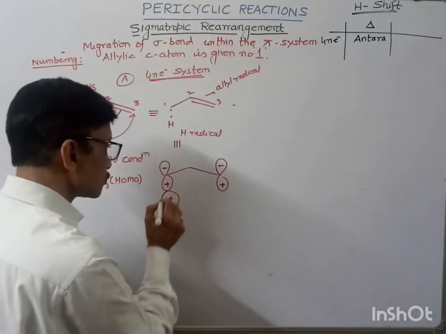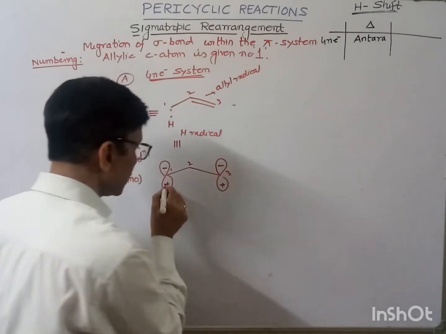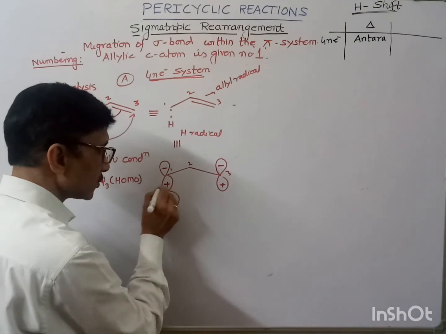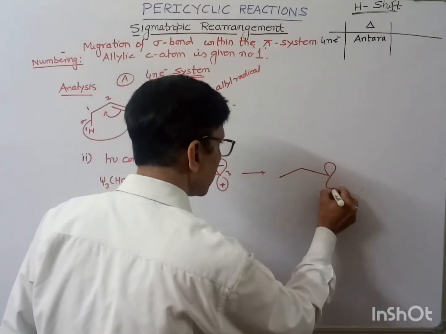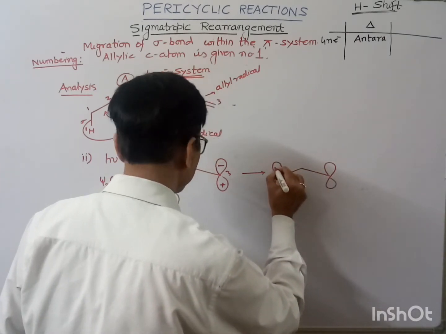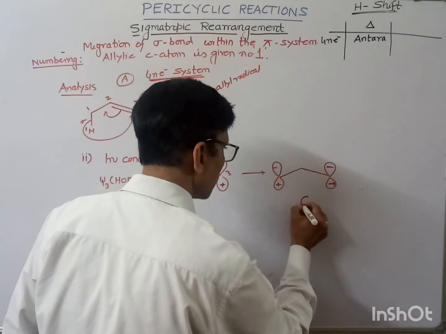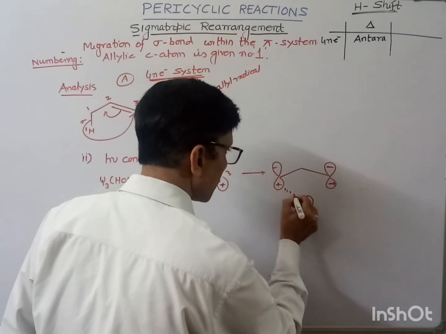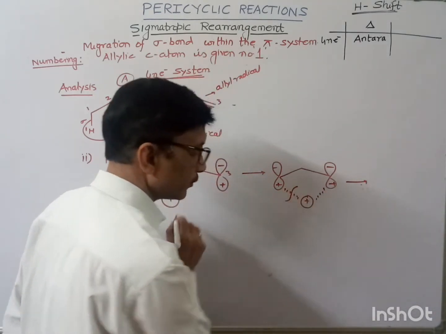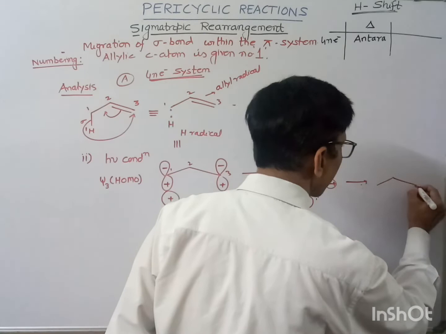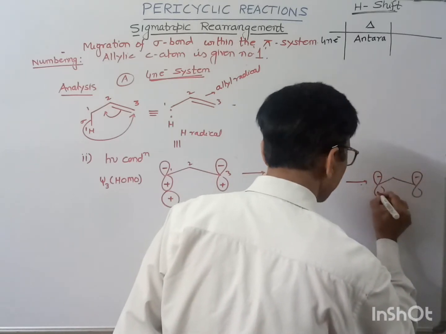Okay. Now this sigma bond will break. This is our 1, this is 2, this is 3. Hydrogen is attached to 1. Now this sigma bond will break, and finally it breaks completely and you will get the migration over here.